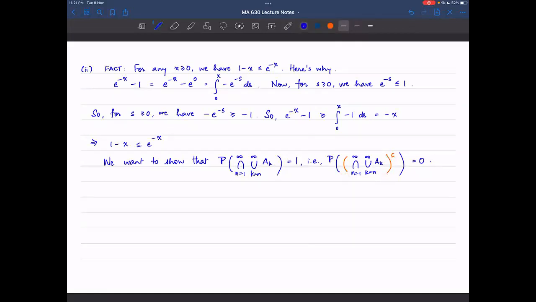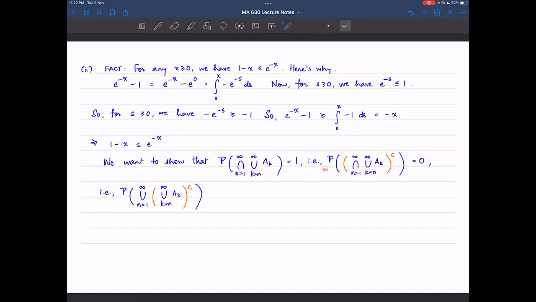Here's where we'll use De Morgan's laws. So the complement of the intersection is the union of complements. So this is going to be the union, n going from 1 to infinity, of the complements. So I have the union, k going from n to infinity, of Ak, complement.